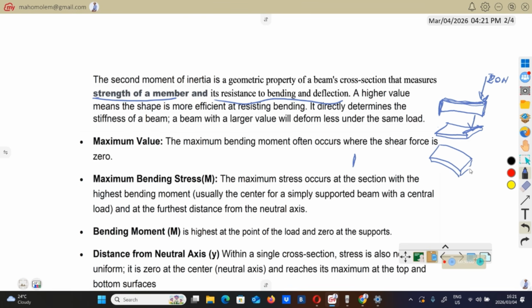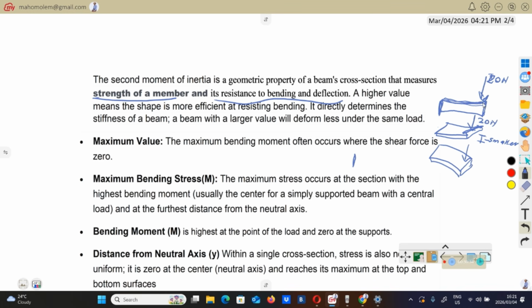So when it's positioned like this, we're going to say that it has less resistance towards bending, meaning that the I value will be small. The second moment of inertia will be small. That's why this ruler will just bend easily under the same load. Don't change the load, just put the same load.